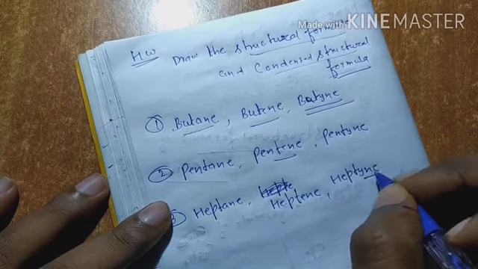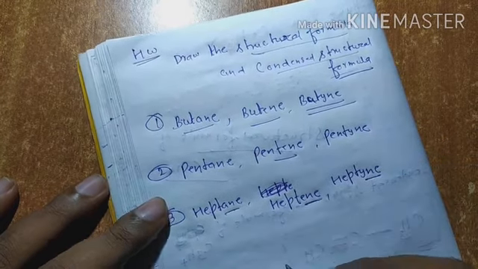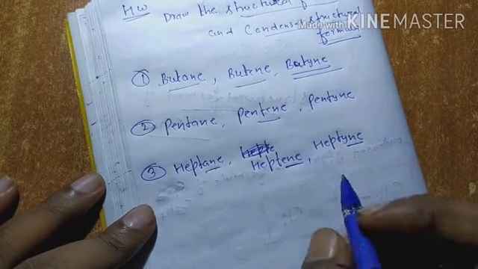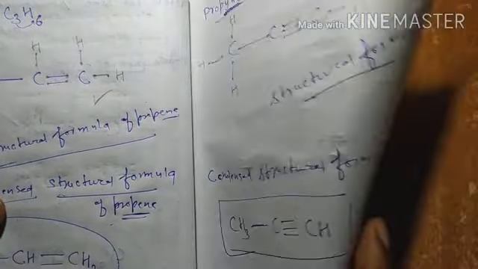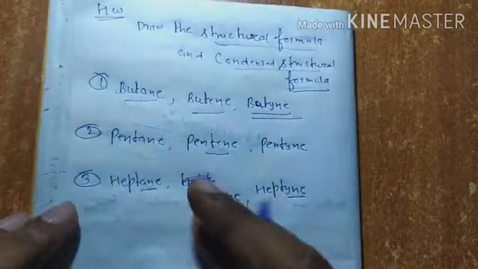See, this is YNE, this is ENE, this is ANE. So in the same way, you have to draw the structures for all these molecules.